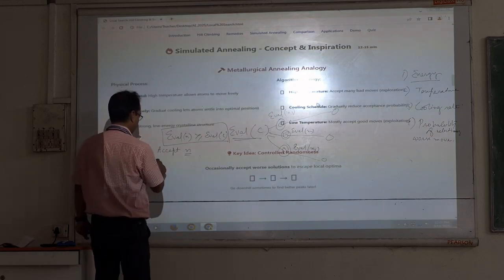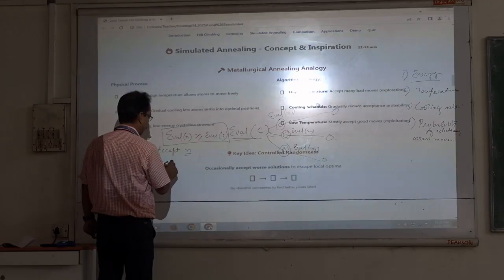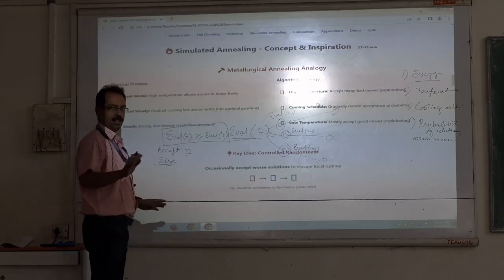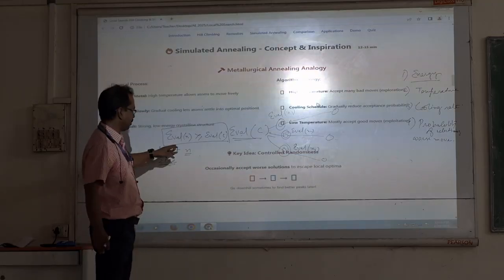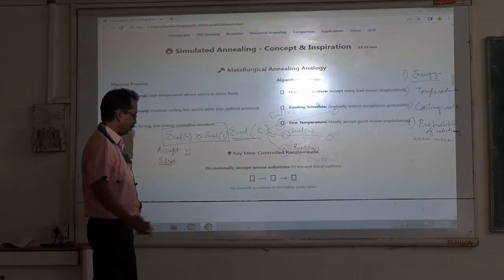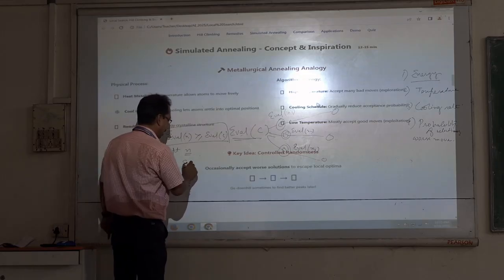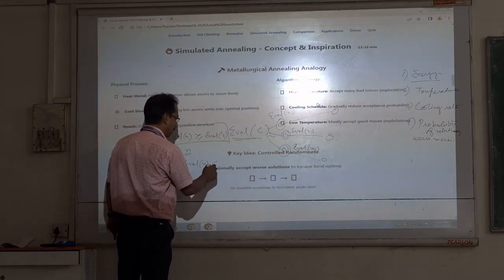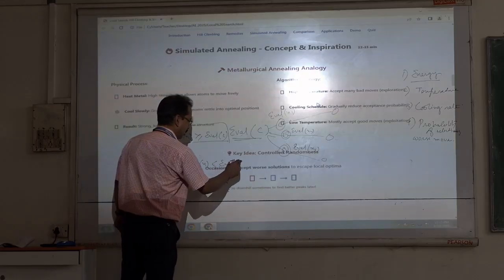Else means what? Else if is not needed. Else means in the else case, eval n will be less than eval c. So whenever I am talking about else, I am considering eval n to be less than eval c.